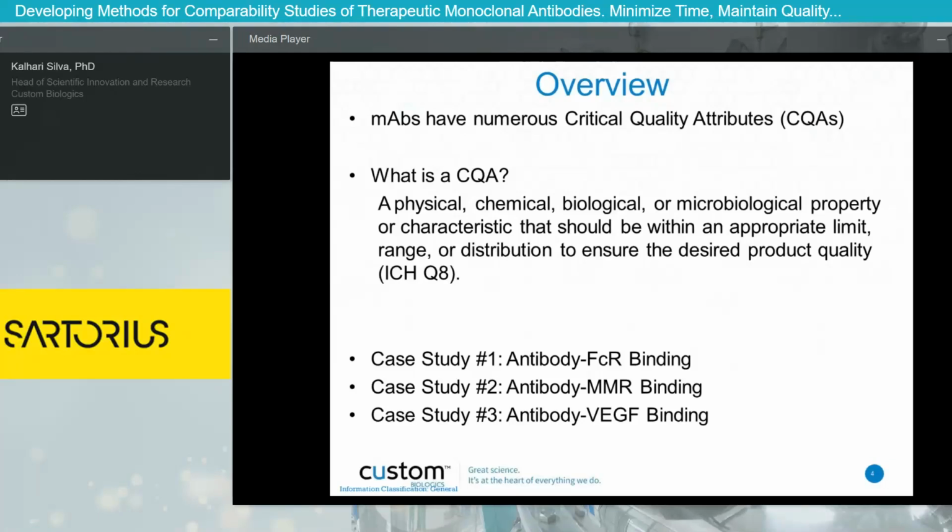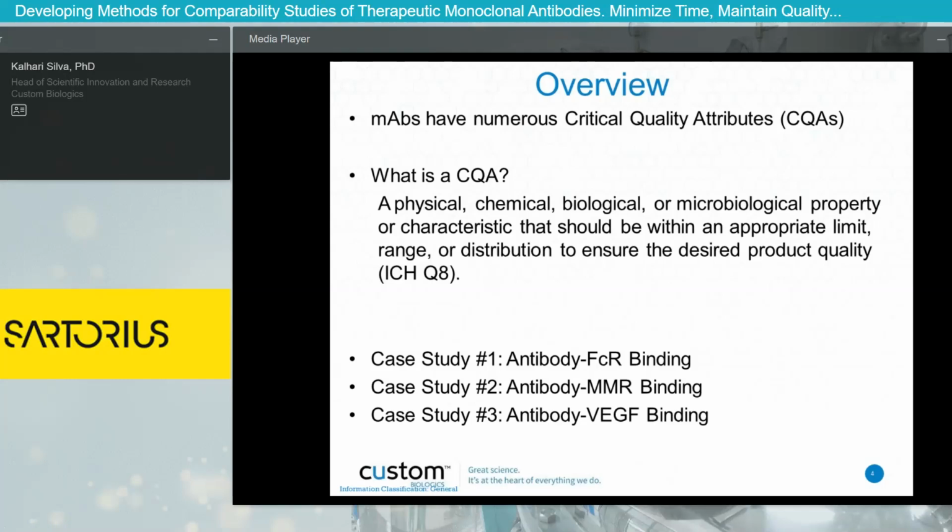Biotech therapeutics, particularly complex products like monoclonal antibodies, can have numerous quality attributes, and these affect the safety and efficacy of the product. So identifying these CQAs is supposed to be the first, but also arguably the most difficult, step in the development and production of biopharmaceuticals. This is where we have implemented the use of the Octet to assist many of our clients in the drug development life cycle.